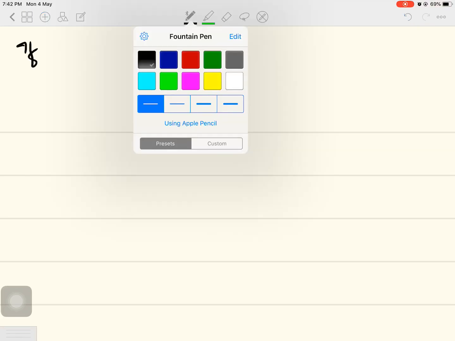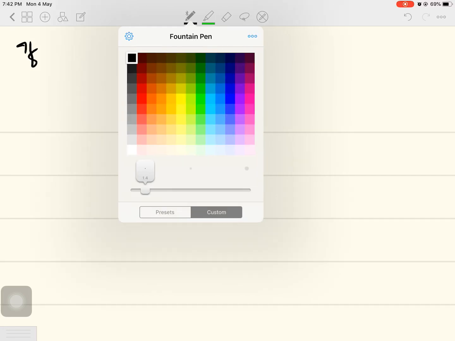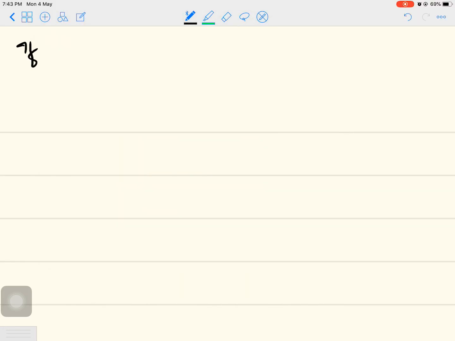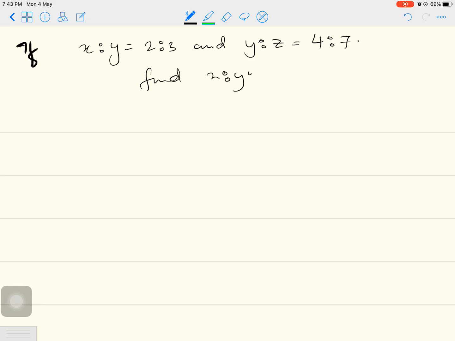Let's say x is to y equals 2:3, and y is to z equals 4:7. You have this sum in your book. Then they are asking us to find x is to y is to z.